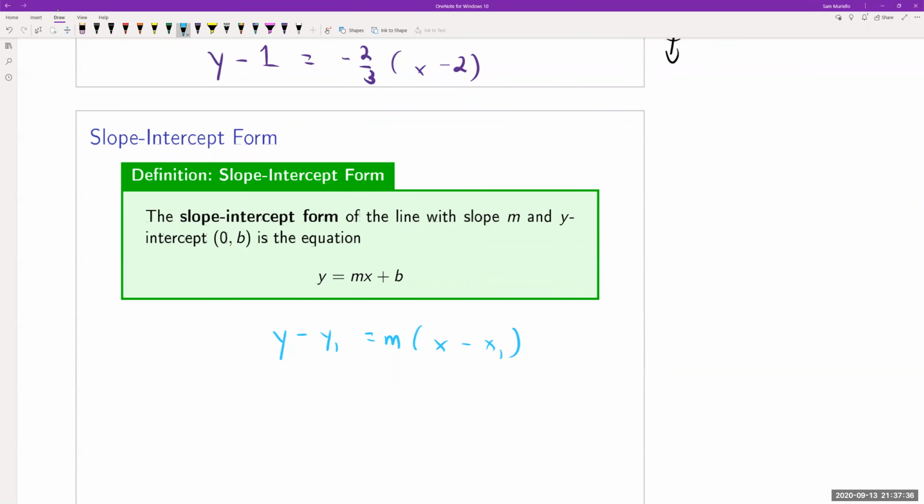If my point is (0, b), plugging this into my equation gives me y minus b is equal to m times x minus 0. Dropping the 0, I get y minus b is equal to mx. And then since I want to solve for y, I'll add b to both sides, obtaining the familiar form.